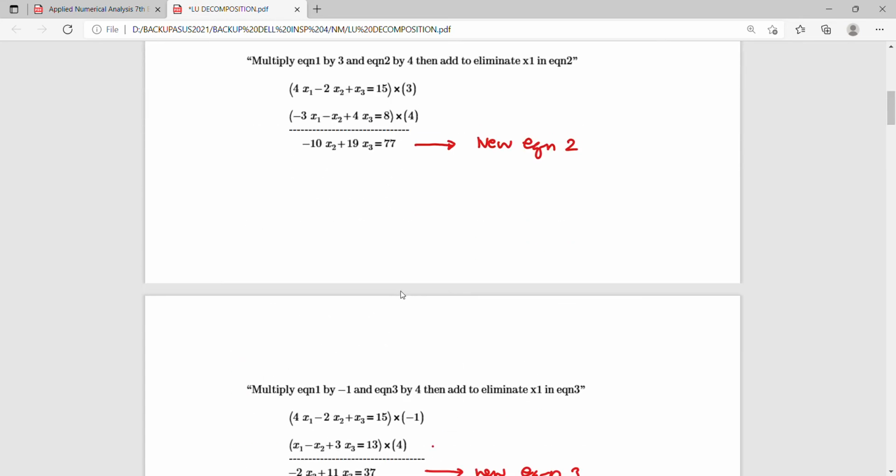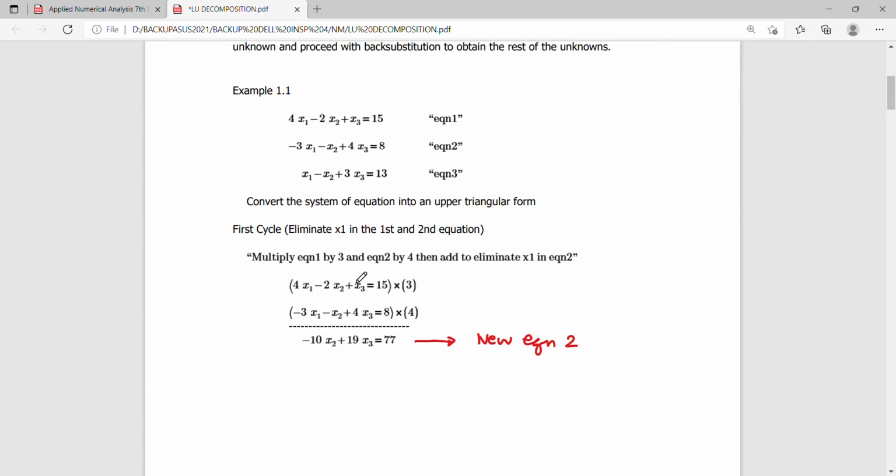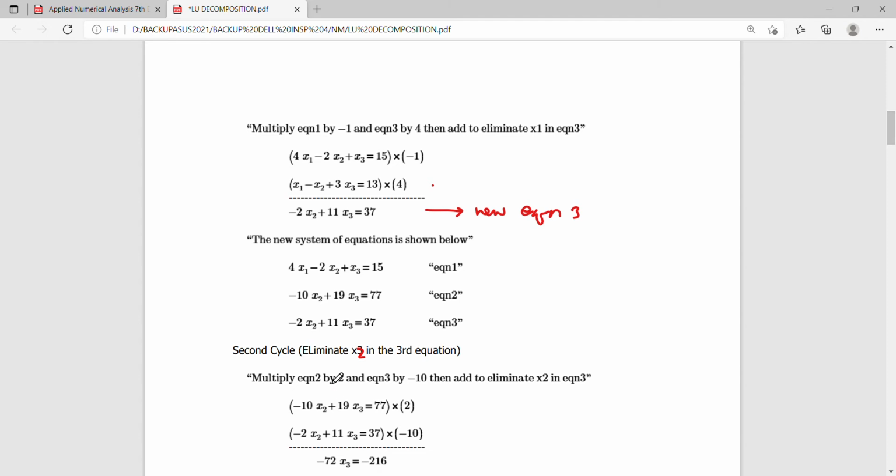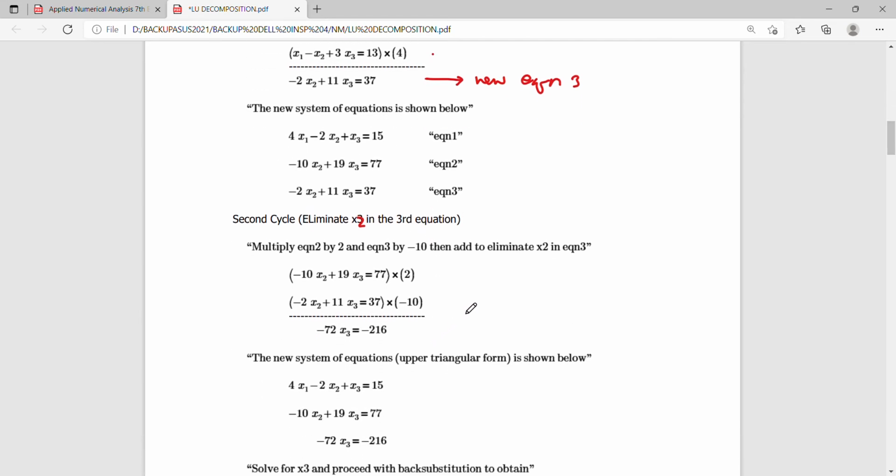Remember that in the first cycle we ought to eliminate x1 in the second and third equations, while here we only need to eliminate x2 in the third equation, since we only have 3 equations in this example. So by simply multiplying equation 2 by 2 and equation 3 by -10, then adding them, we eliminate x2 in the equation.